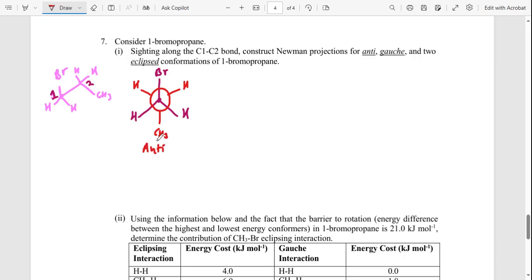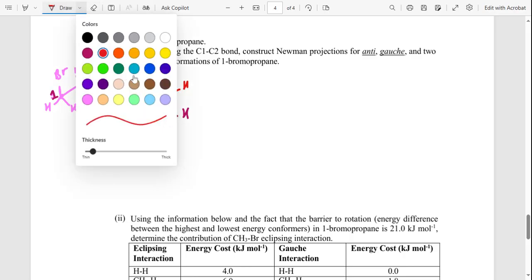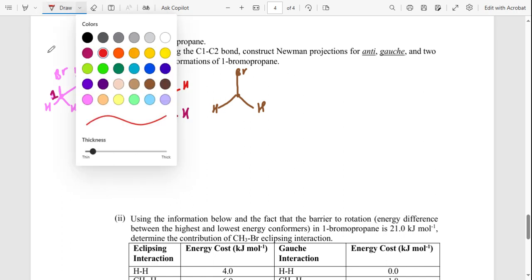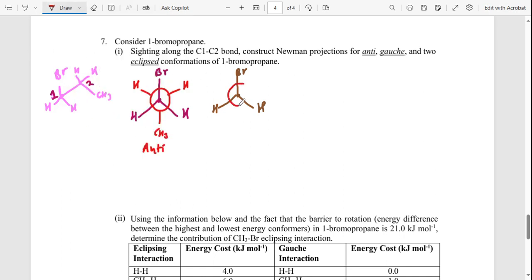And then we'll draw gauche. Gauche means that the CH3 and the Br are next to each other. I'll still draw the same way: Br on top, hydrogen here, hydrogen here. Then we have the carbon at the back.